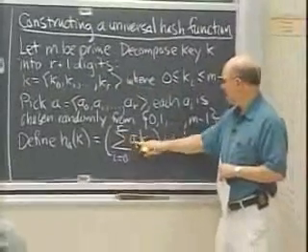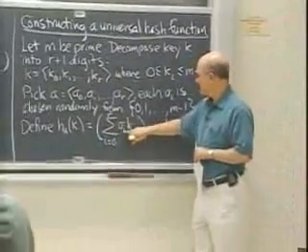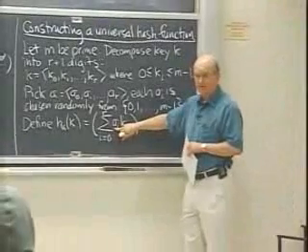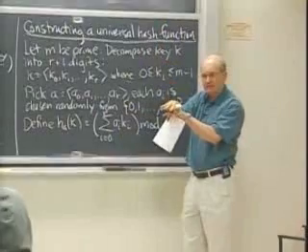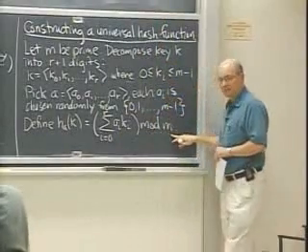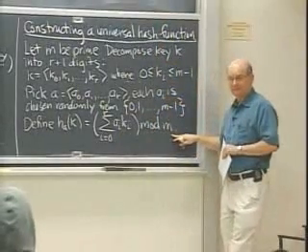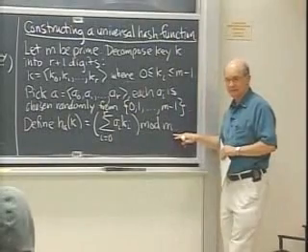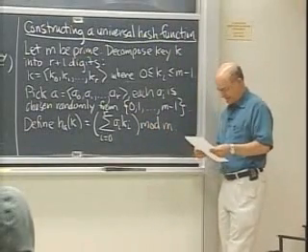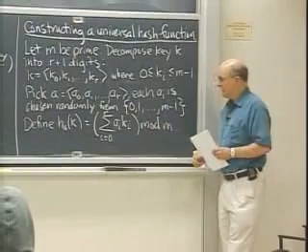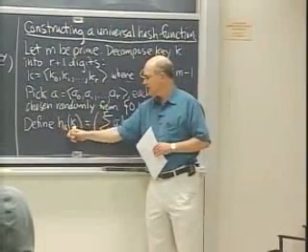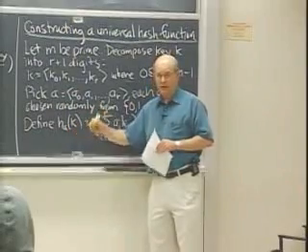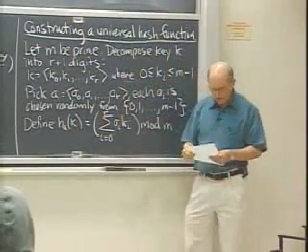So each digit of our key K gets multiplied by a random other digit. We add all those up, and we take that mod m. So that's a dot product operator. And this is what we're going to show is universal, that this set of H sub A's, where A ranges over that whole set.